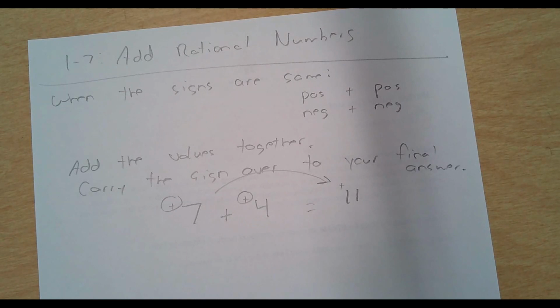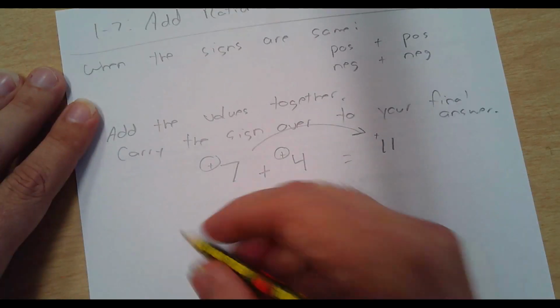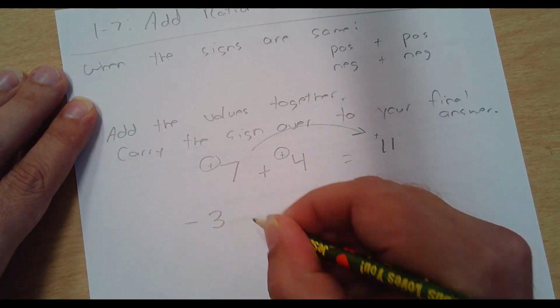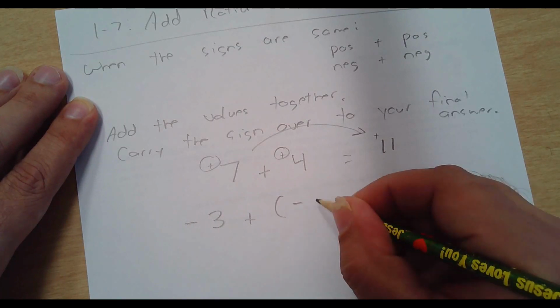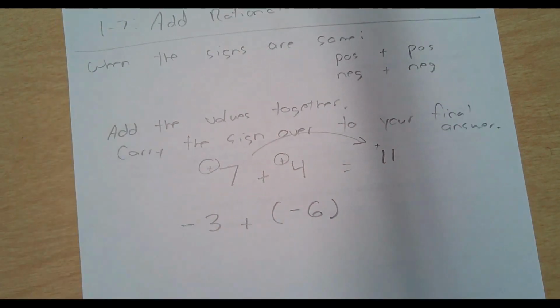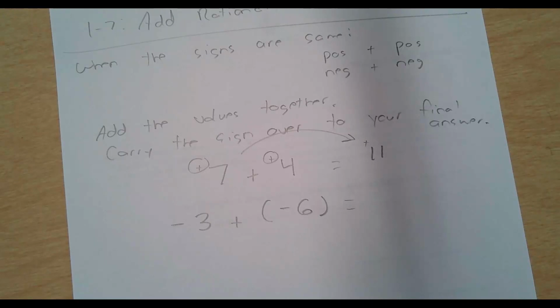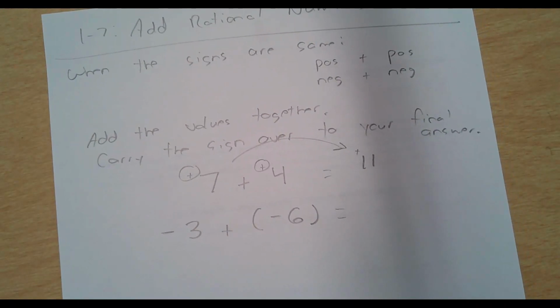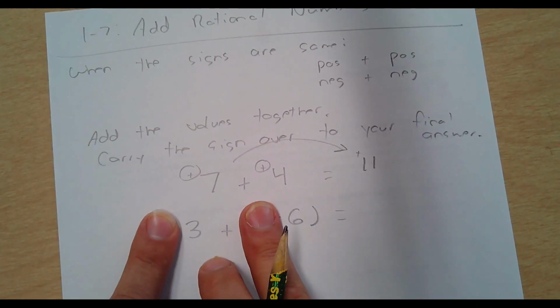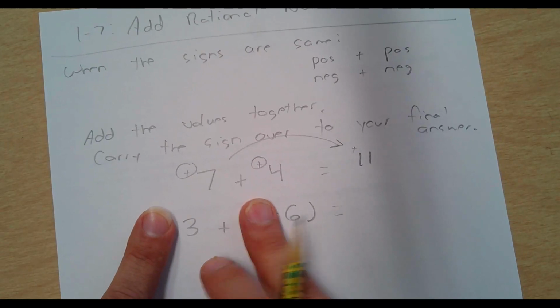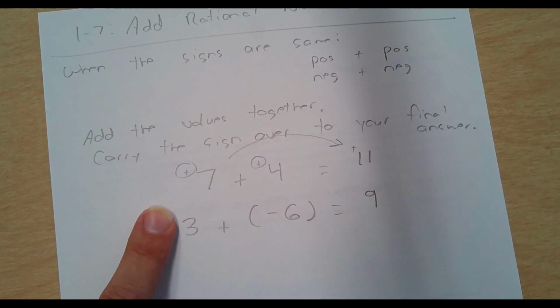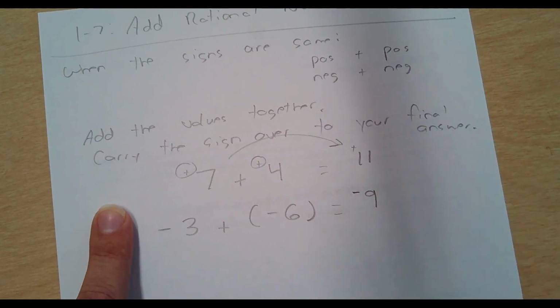This is the same for negative values. If I write negative 3 plus negative 6, the rule is the same. First, add the values together. 6 plus 3. What's 6 plus 3? 9. But this time, it's going to be a negative 9. And why?